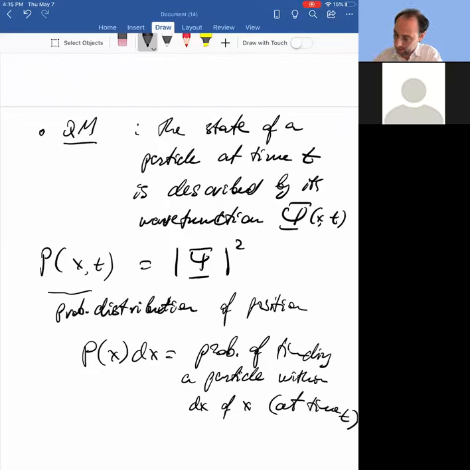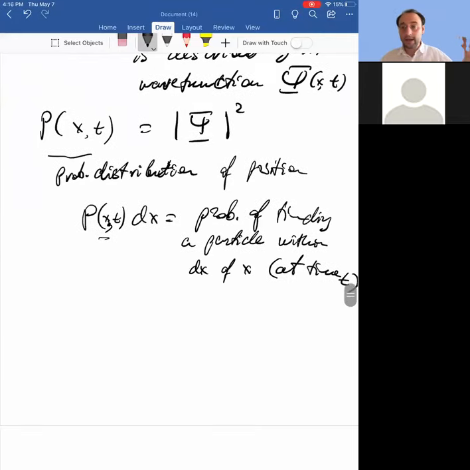So I have to put a time dependence. The probability distribution depends both on time and space, so that's why I'm writing it like that, because it's a function of two variables, space and time.